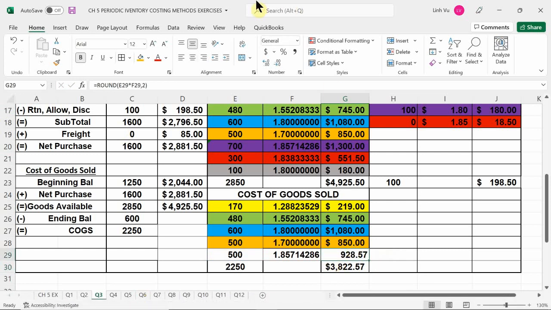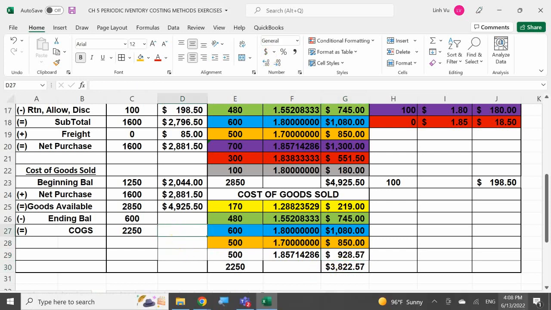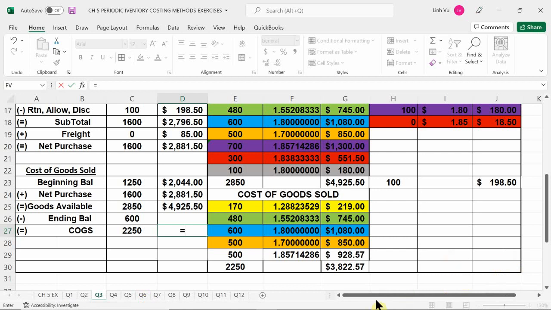Good. Okay, so that means that's what's going to be popped up here. This total of $3,822.57.